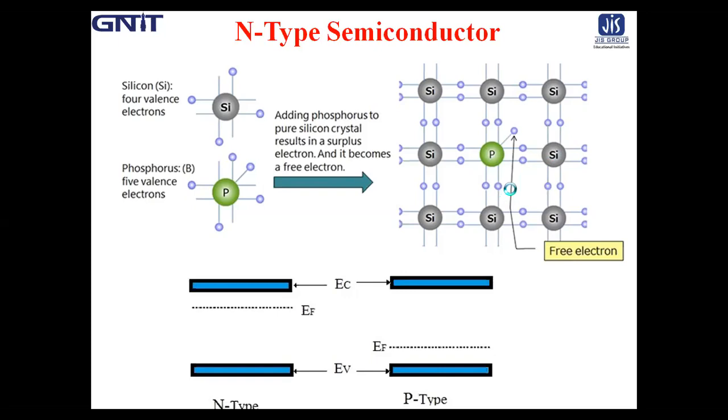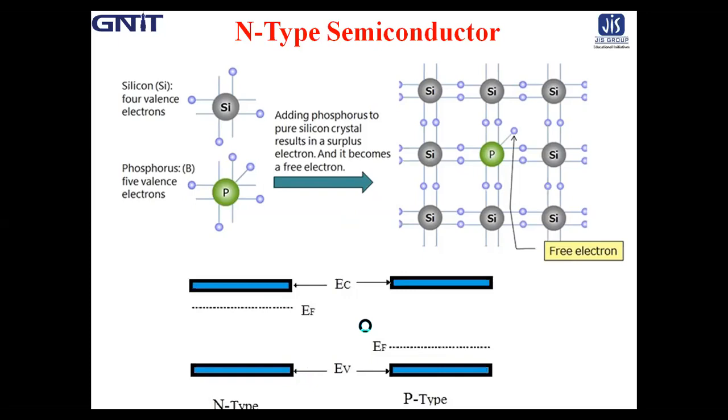In that way, an N-type semiconductor can be formed. So what is the Fermi level for an N-type semiconductor?